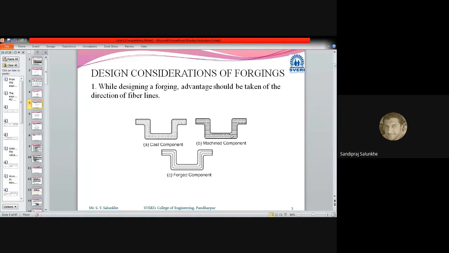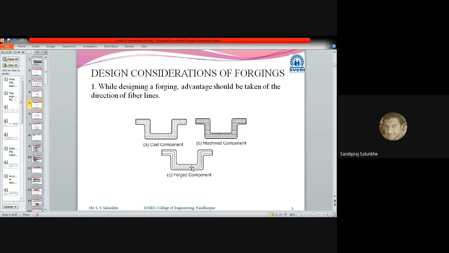Whereas if you are going to forge that component, then the forging force is nothing but you create a compressive force in that, and later on you remove that compressive force when it gets the required shape. In that case, the forging lines or stress lines will be created.